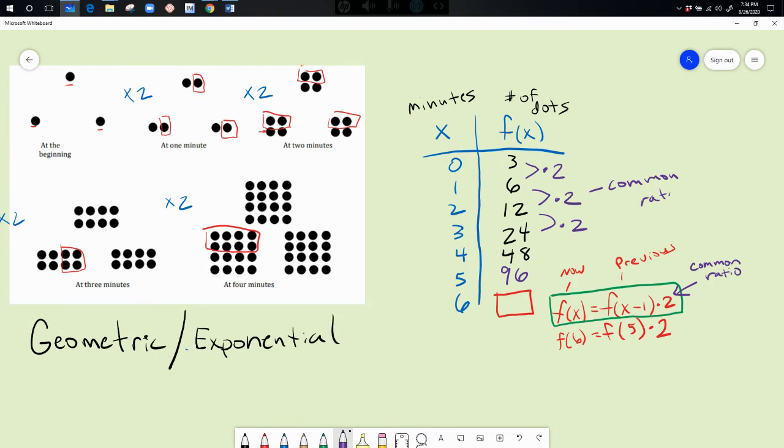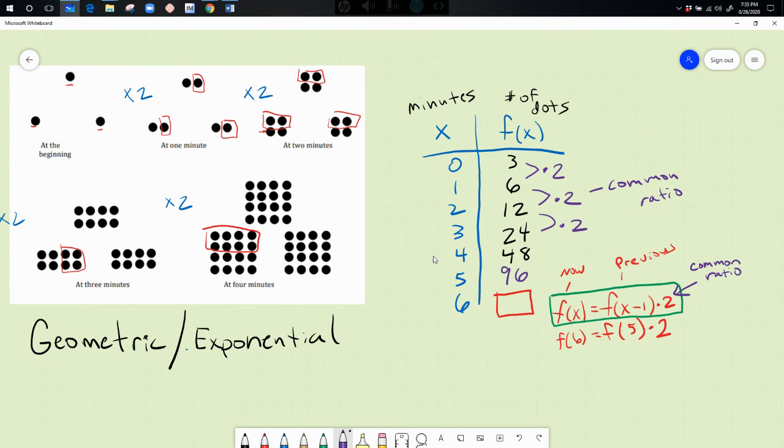All right, so there it is. You're just basically taking your previous term, multiplying it by your common ratio. I know the recursive formula was difficult for a lot of students last year, and it always kind of is. But really, that portion, the f of x equals f of x minus 1 portion, never changes. It always looks like that.